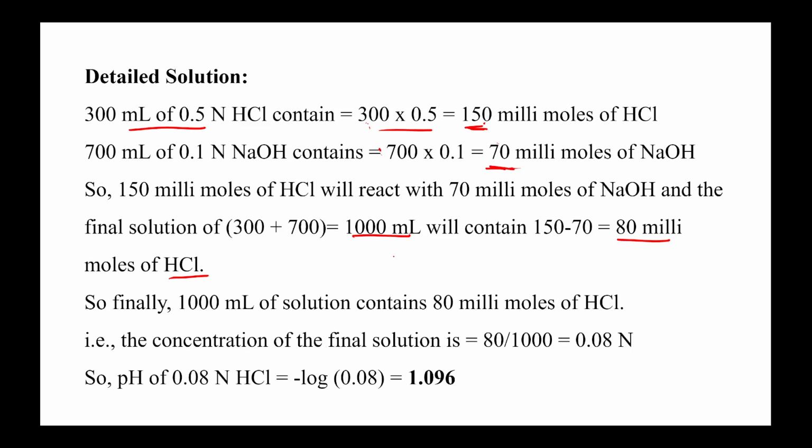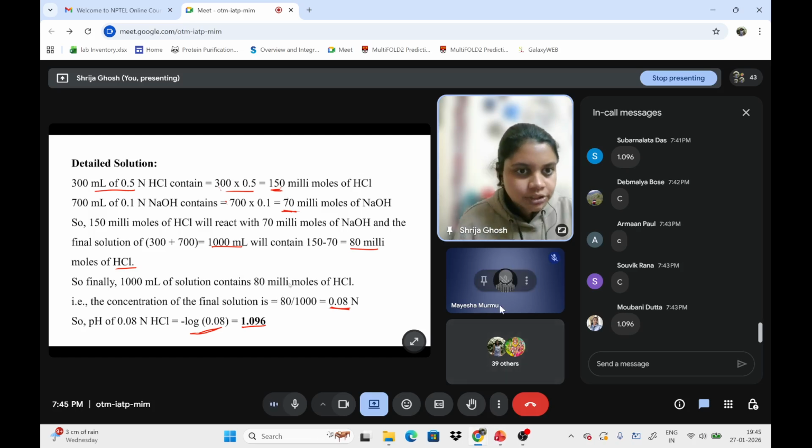The final concentration of HCl would be 80 millimolar or 0.08 molar. Okay, so now you have the HCl concentration. HCl concentration is directly equal to H plus ion concentration. Once you have the H plus ion concentration, you can always calculate the pH by taking negative log of that number, and that comes to 1.096, which is option C, which most of you have answered.